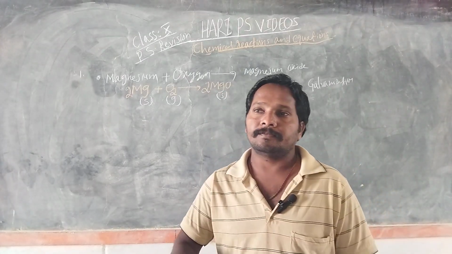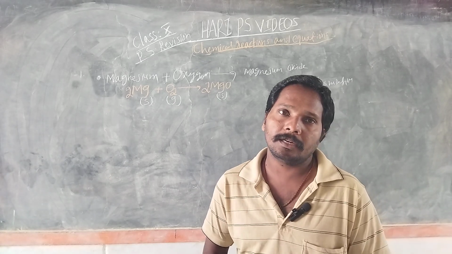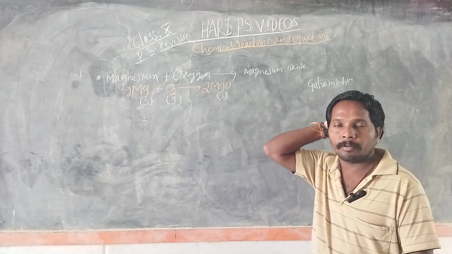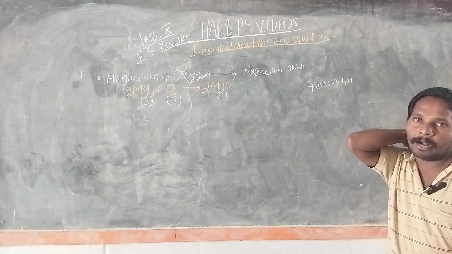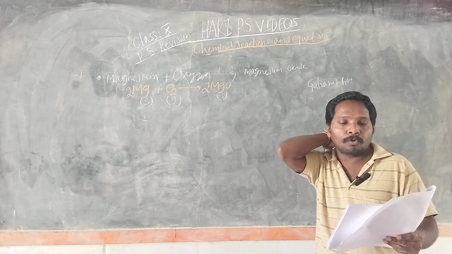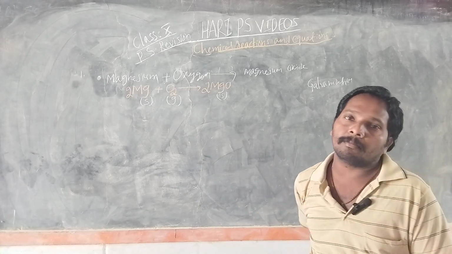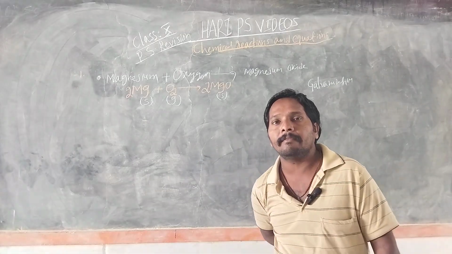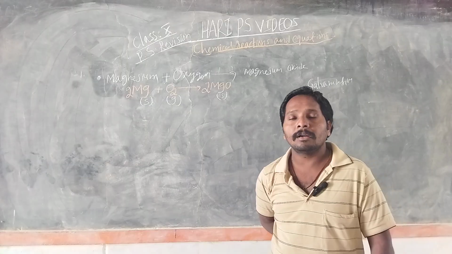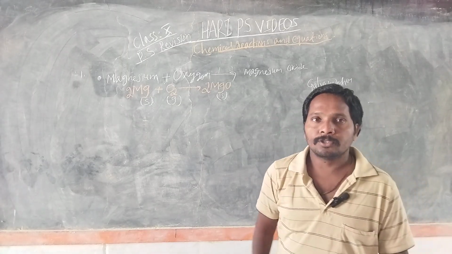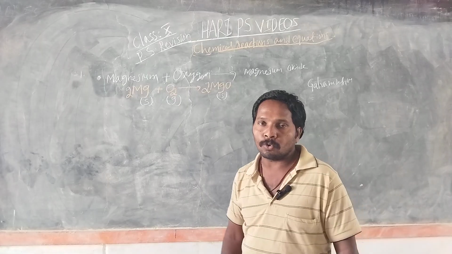So inert metals are noble metals. Gold, silver and platinum do not react with atmospheric oxygen. They are very less reactive or non-reactive with atmospheric air or moist air. So they do not corrode.